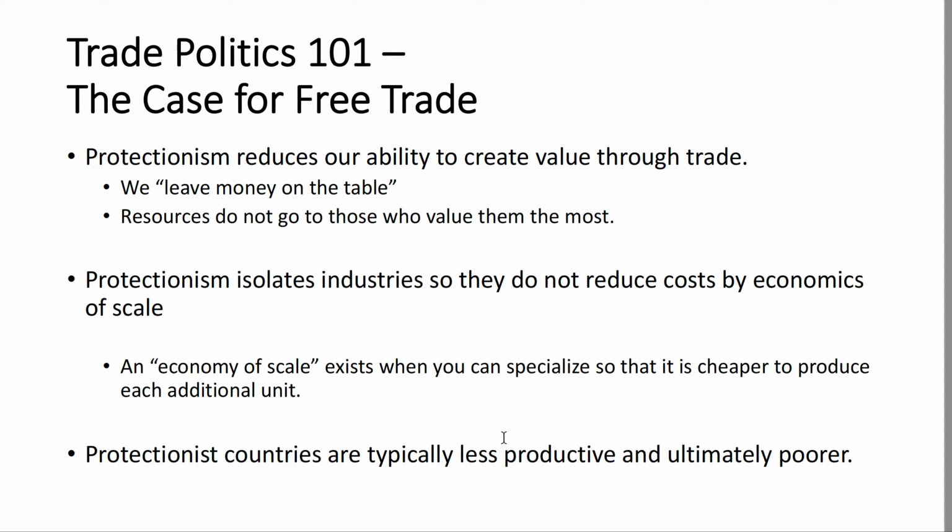And protectionism is going to reduce our ability to create value through trade. We're going to leave money on the table. What we're trying to do with protectionism is isolate industries so they don't have to reduce their costs by competing on the global market. So domestically, if we pay for something made in the USA, it might be a little more expensive given labor. And you say, well, that's a better deal for America.